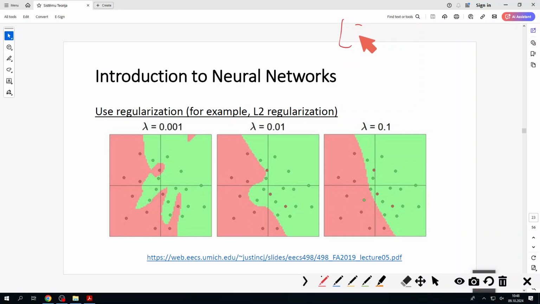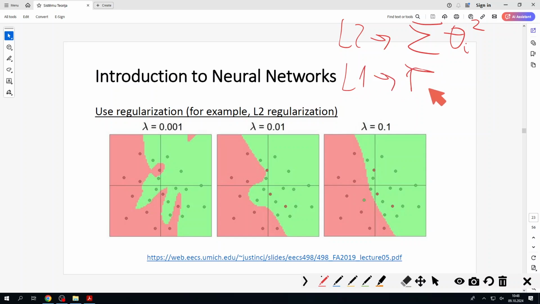For L2 regularization you have a summation of theta parameters squared, which we discussed, and for L1 regularization you have them without the square but as absolute values. So no square for L1 and square for L2, that is, this 1 or this 2 as a power of this summation. So that is quite simple.